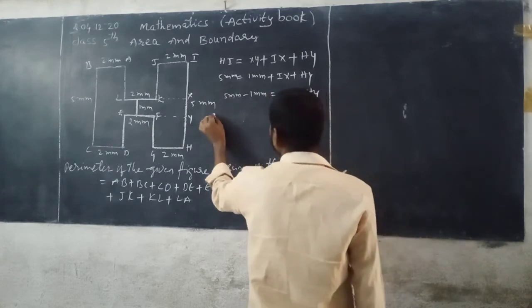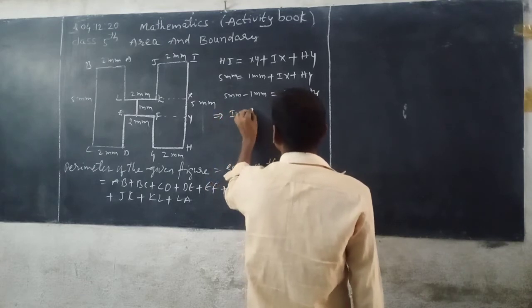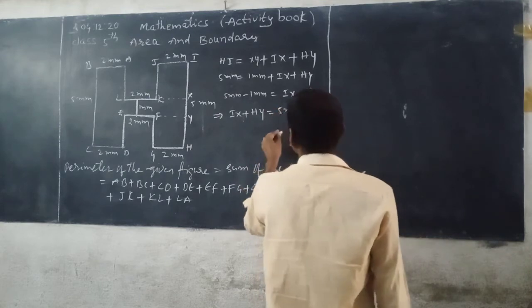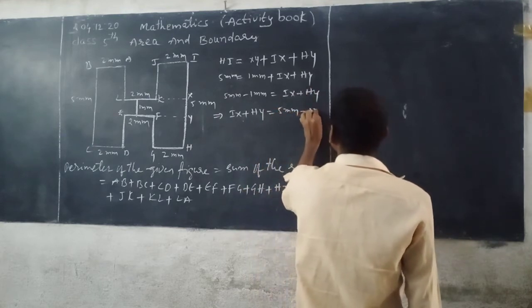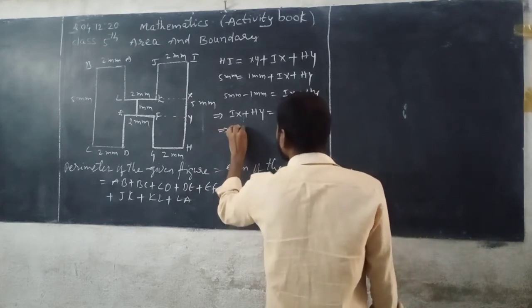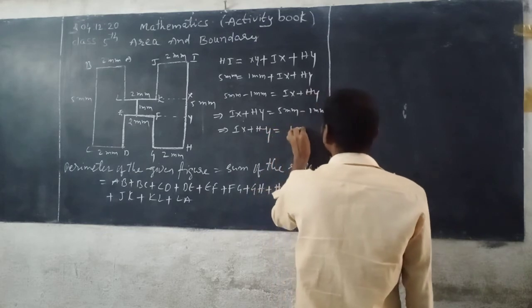Implies IX plus HY is equals to 4 millimeter.